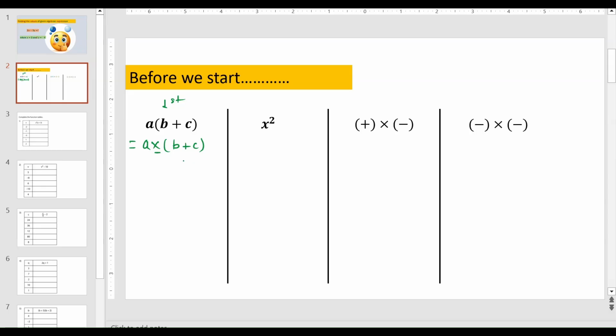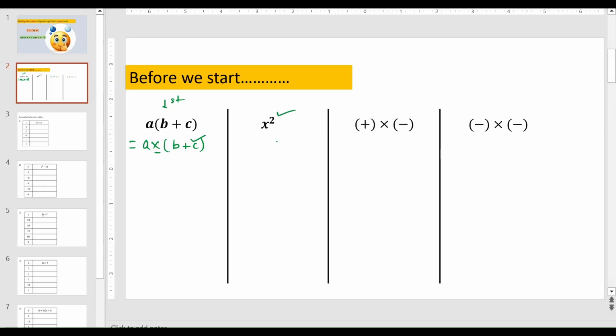When this kind of question comes, we first solve inside the bracket, then multiply the value we get from inside the bracket with the value outside the bracket to get our final answer. Remember, there is always a multiplication sign between the bracket and those values.